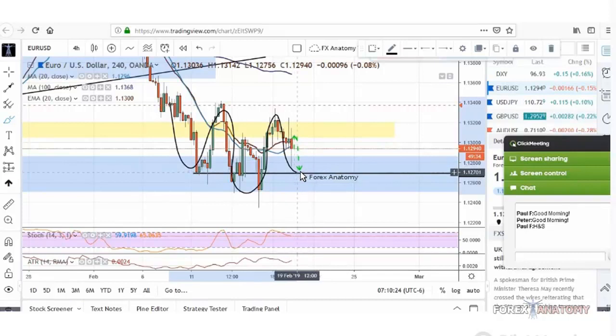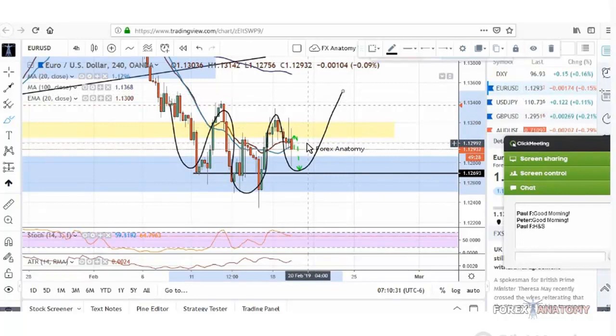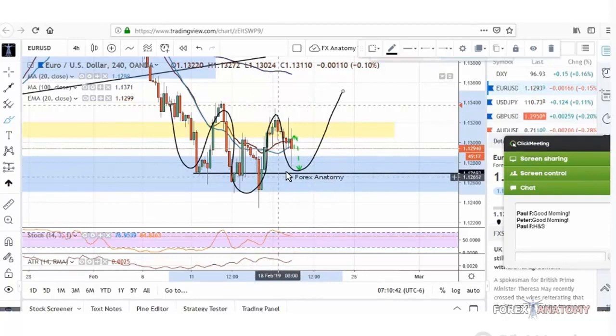Because if price does respect this area, then we could potentially see price push higher, and there'll be a nice bullish rotation in price. And that is what I'm expecting for this pair. I'm expecting the Euro USD to at least maybe test these lows down here, and then for us to see that bullish rotation in price take place.